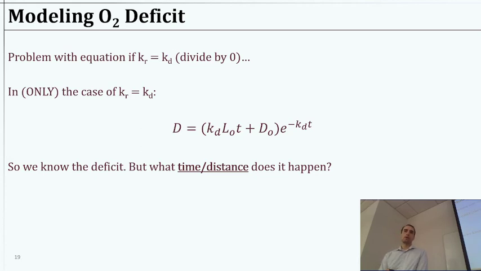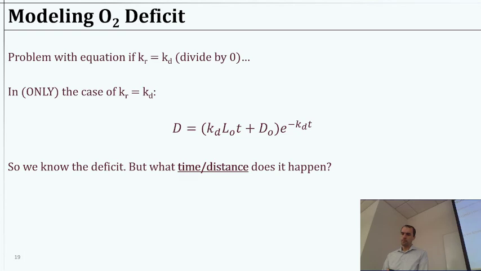Then we have another equation, but this is only for that case. It's a simplification. It's a different relationship, and really is probably not as precise and is only valid during that condition, and that is D equals KD L naught t plus D naught times e to the minus KD t.